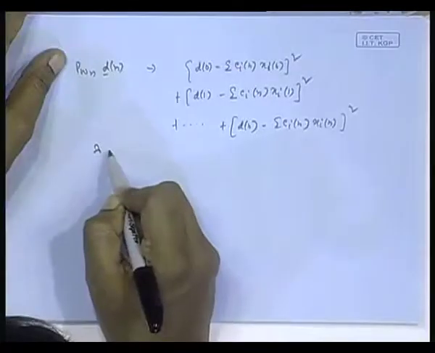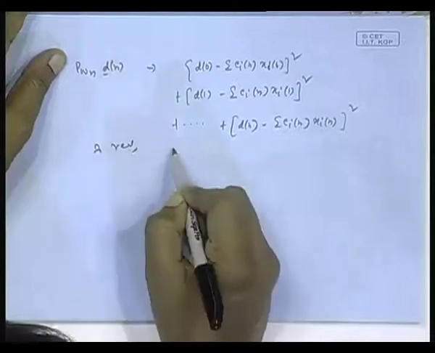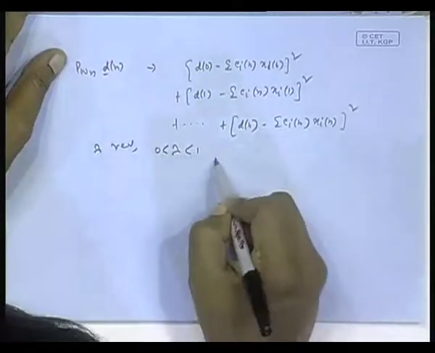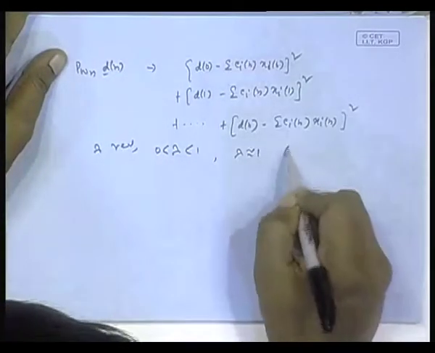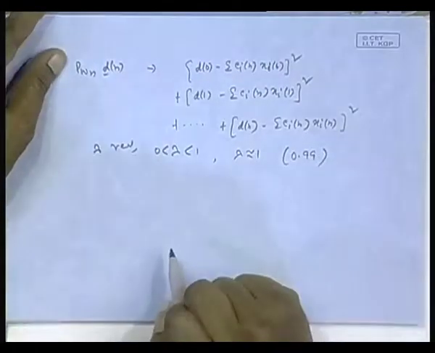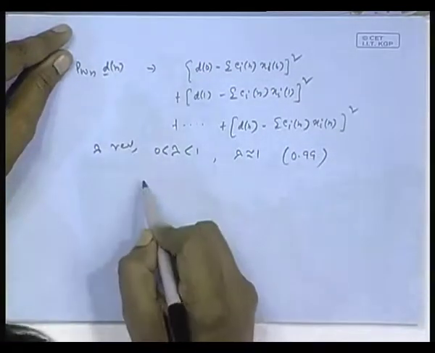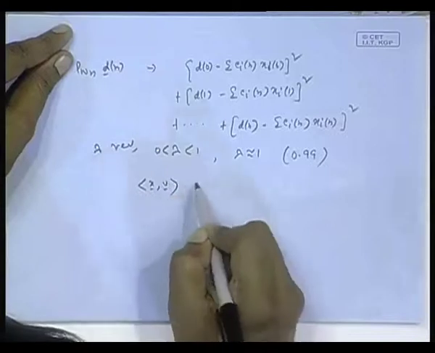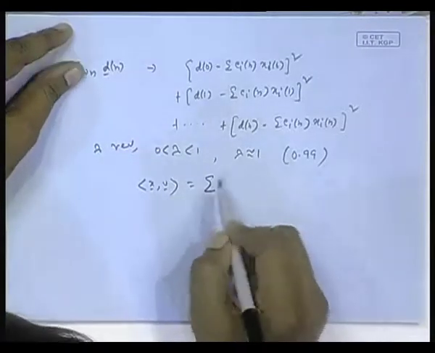There are algorithms. I will be considering what is called an exponentially weighted growing window. This is a growing window, but exponentially weighted. I will be introducing a forgetting factor, a lambda real, lambda less than 1 and greater than 0, but at the same time lambda very close to 1, like 0.99 something. And then I will have the inner product x y modified like this.